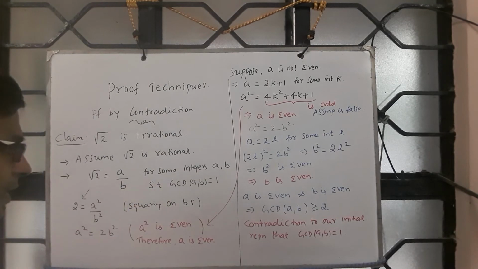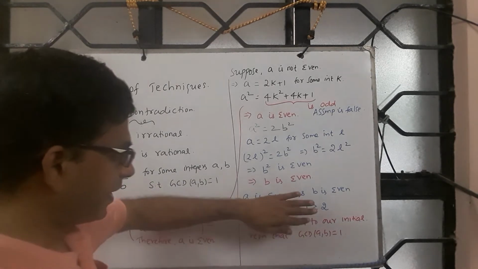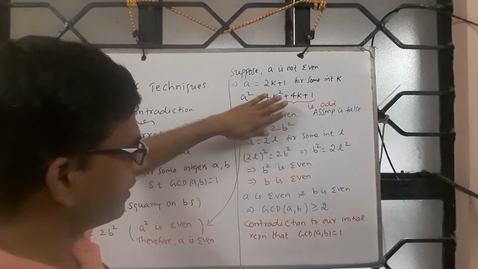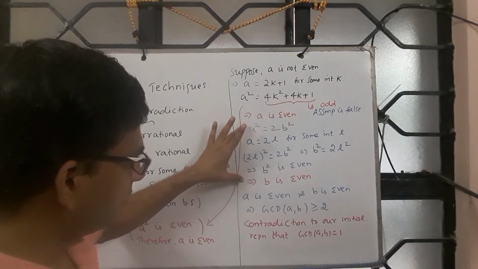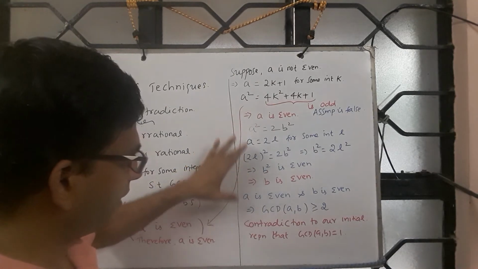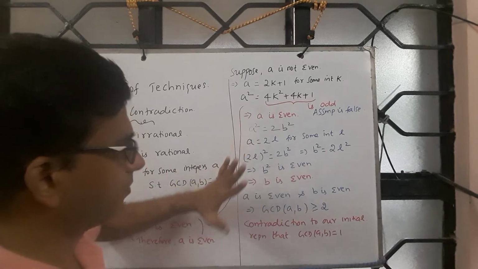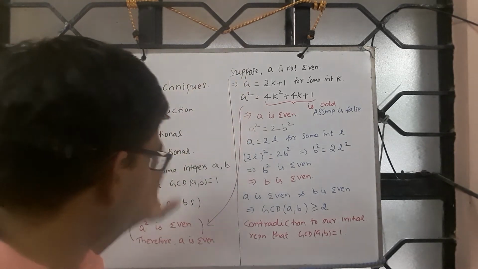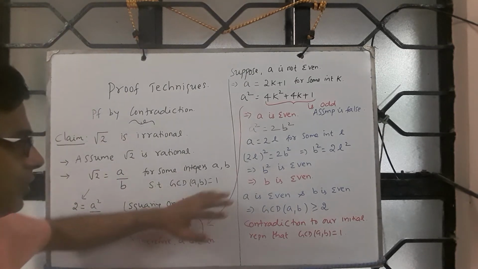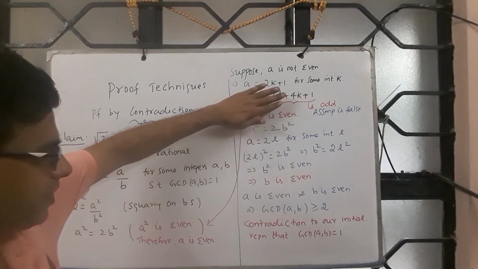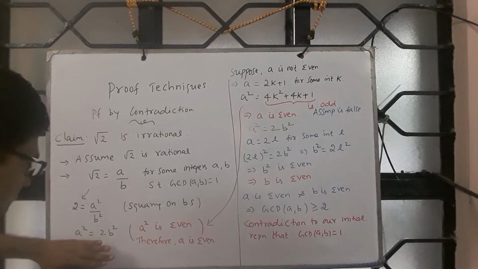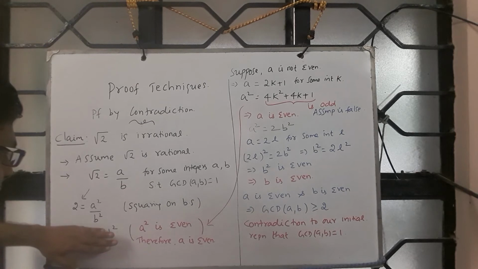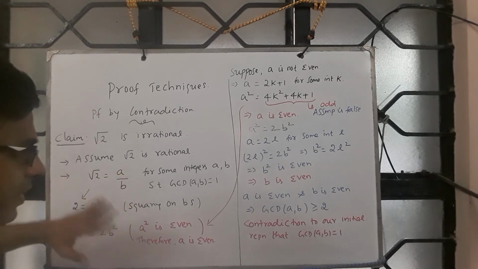So now, this statement comes from the fact that b is even and a is even. Within this, you see a direct proof. It follows logically. One statement follows from the other, so there is no issue. So establishing this, there is no issue. That all comes from this part. So now, if you go back, where is the flaw?